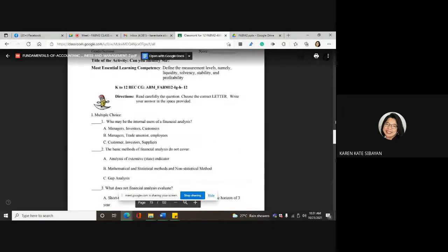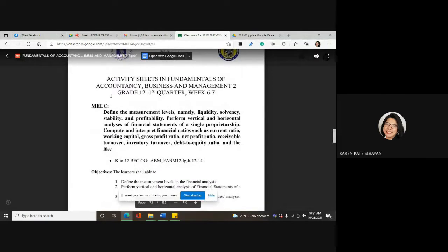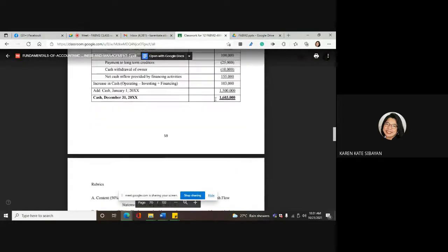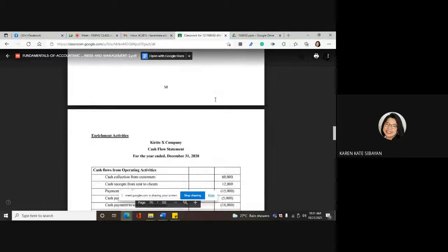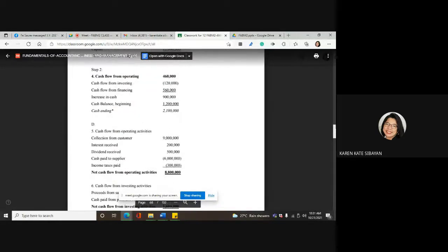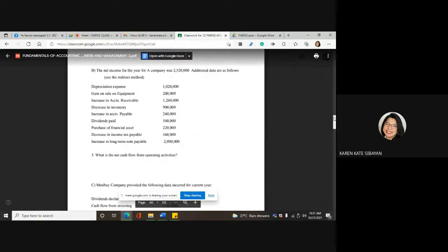May katanungan ba, class? Yung gagawin yung activities dito next week ko na sasabihin. Okay? Kasi nakadepende sa bilis din ninyo eh. Basta yung sinabi ko dito, yun ang gawin ninyo. And be honest. Okay?